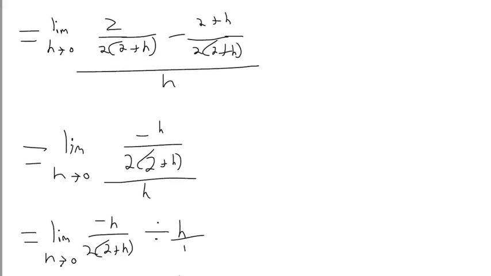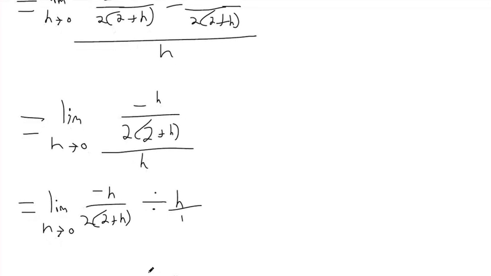We flip and multiply the second fraction. So this is the limit as h approaches 0 of negative h over 2 plus h times 1 over h. So these h's can cross cancel.